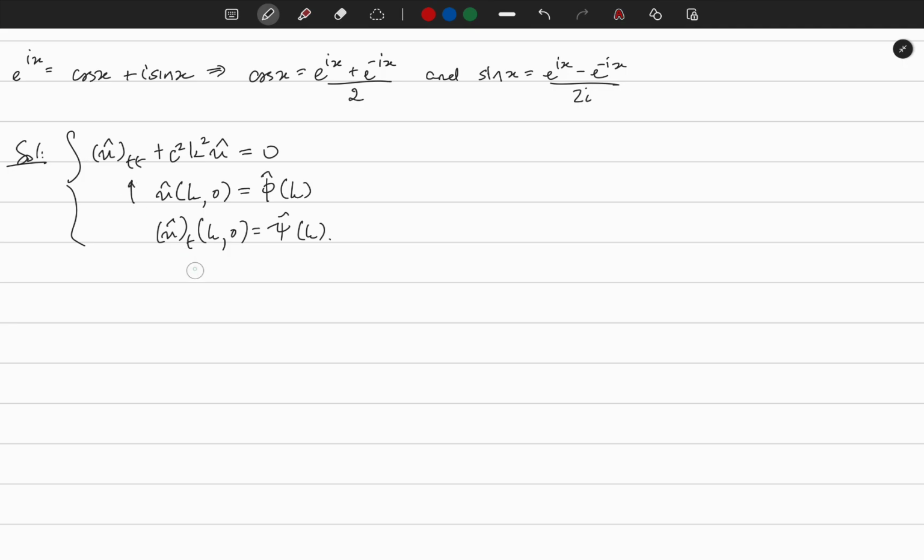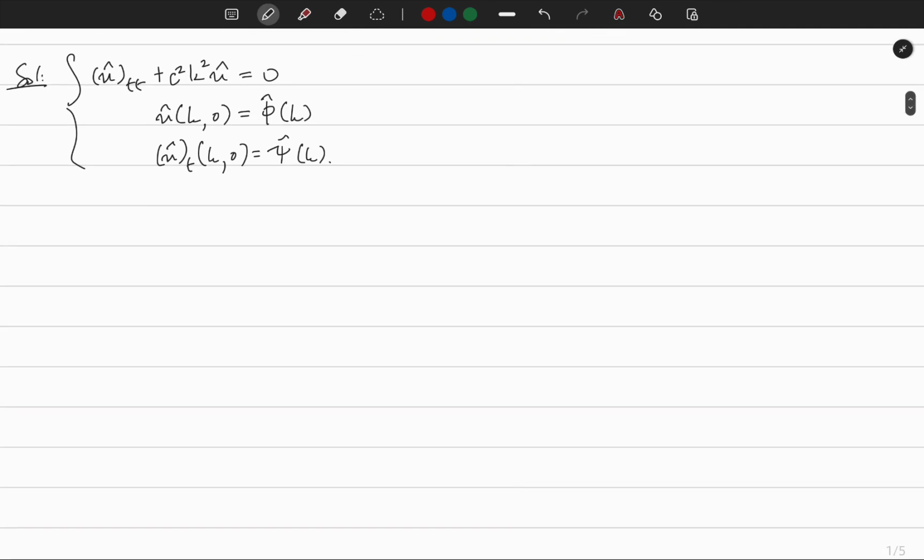There are no more spatial derivatives. So if we make a clever substitution by letting u hat of k, t be equal to some f of t, for example, star becomes f double prime of t plus c squared k squared f of t is equal to 0.